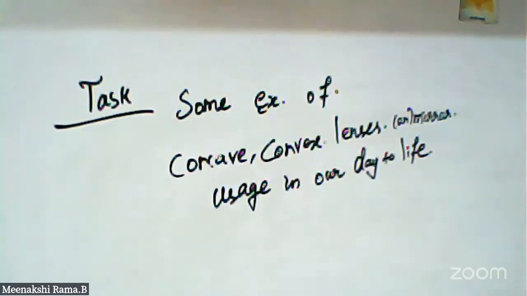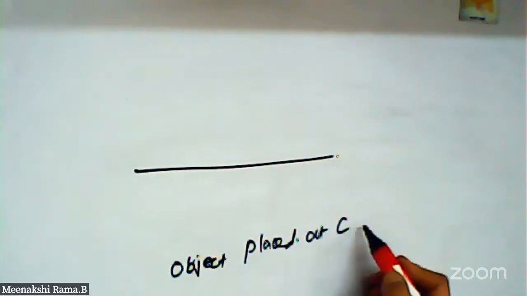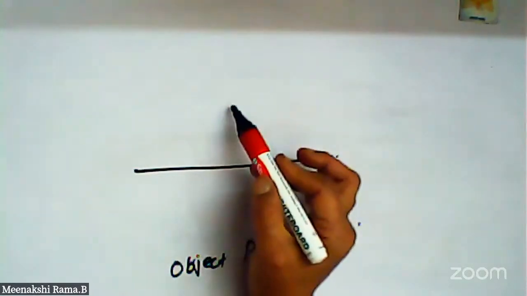I'm going to draw only one picture, that is the object placed at C. I explained it with the simulation, so I didn't draw the picture. When the object is placed at the C position, we got some idea about what the pole is, what the curvature is, like that.